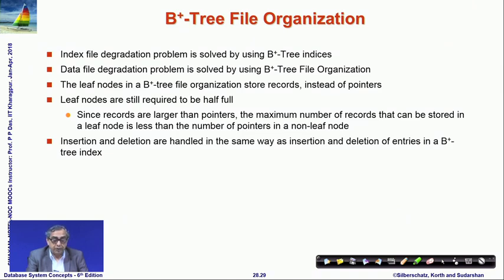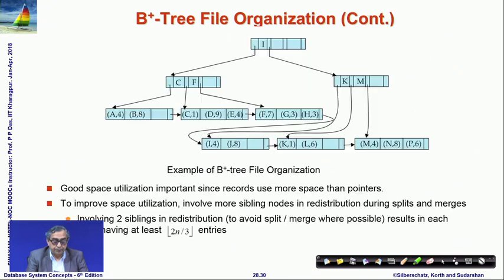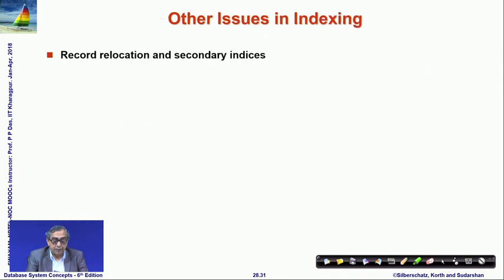So, so far we have explained the whole B plus tree in terms of index file organization, and we are saying that you can do the same thing with the data file, and only at the leaf level you will have to actually keep the data records for maintenance. So, this is showing some instances of the B plus tree organization.